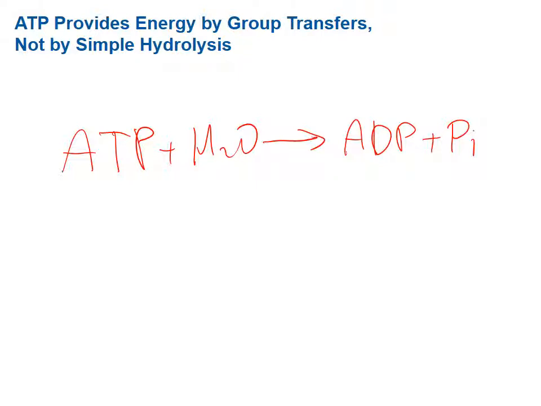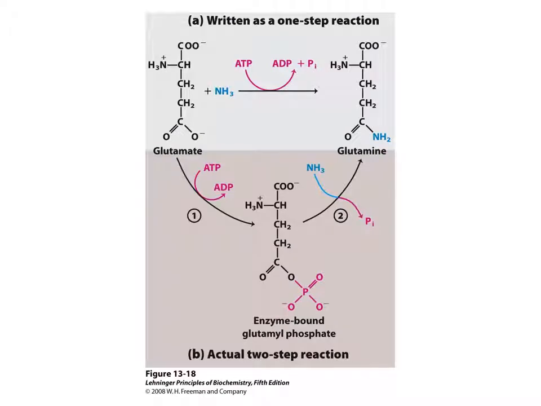Now, transferring a group, what group might that be? Let's see. So here we have a diagram, and it shows the chemical reaction that produces glutamine from glutamate.